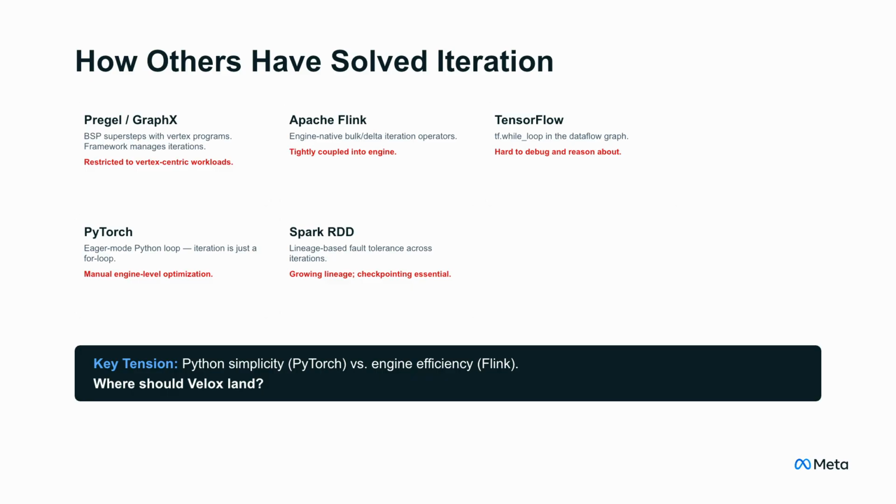On the other end, systems like Flink bring a big iteration directly into the engine itself. It has the lowest overhead of iteration, but it's complex and highly coupled. And the question we are asking is, where should Velox land?